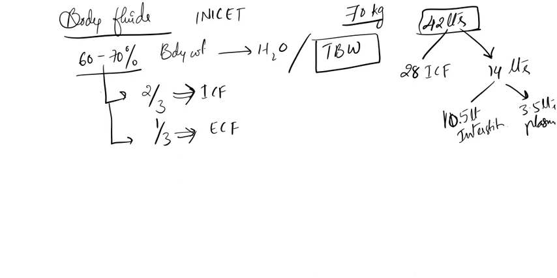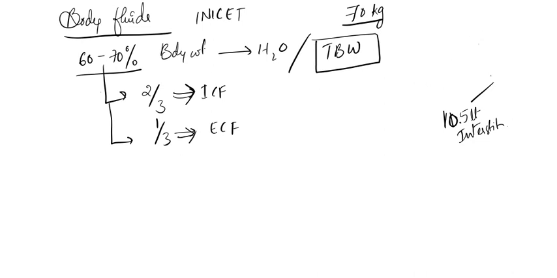Okay, happy? Now you can note this down in complete numbers, if not in proportions. So I already said: 42 liters total body water, 28 liters ICF and 14 liters ECF.